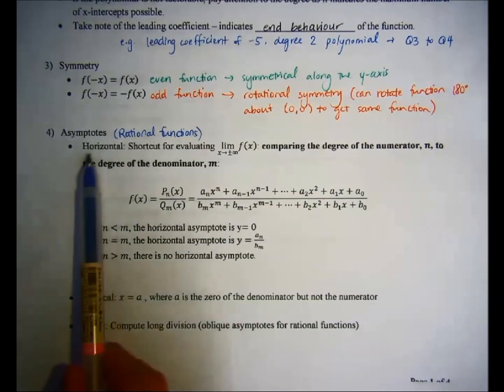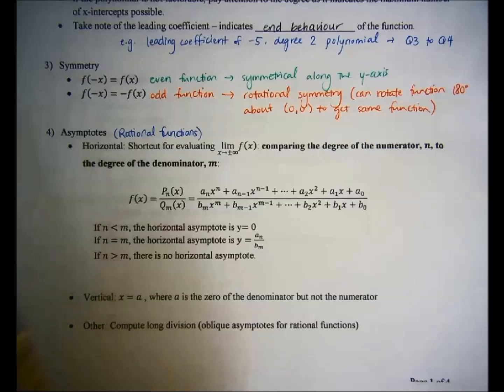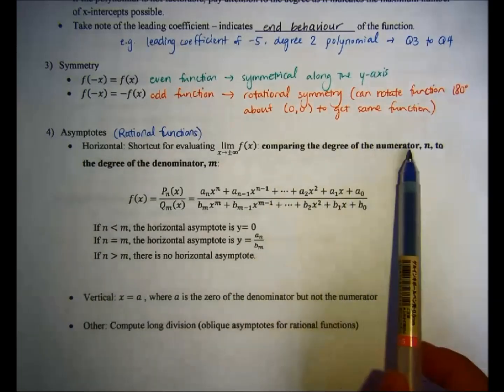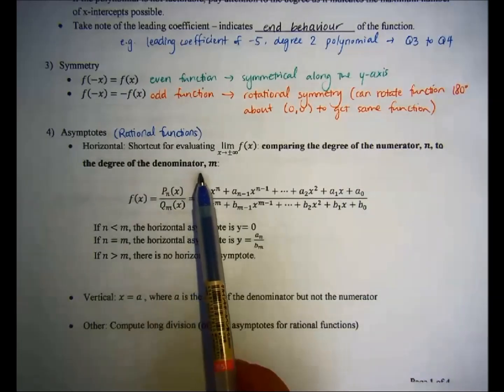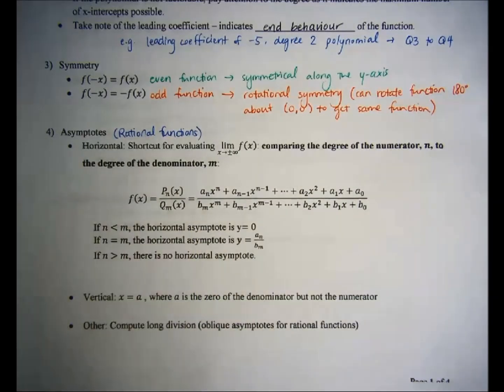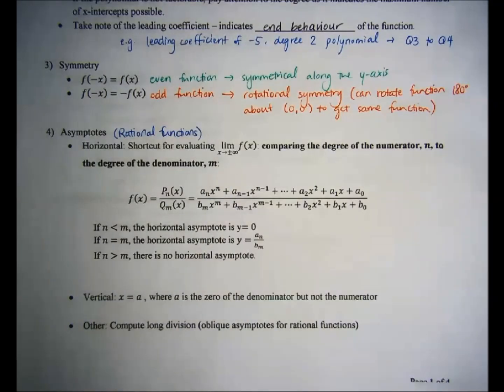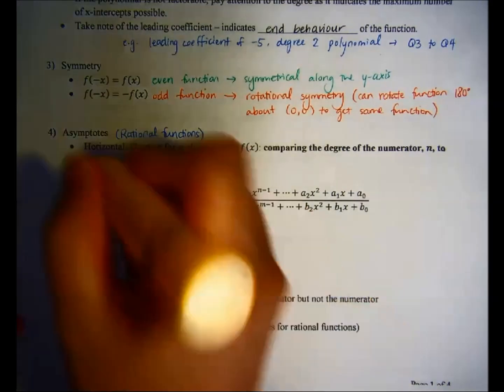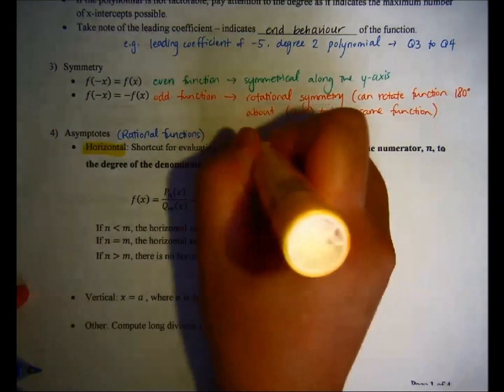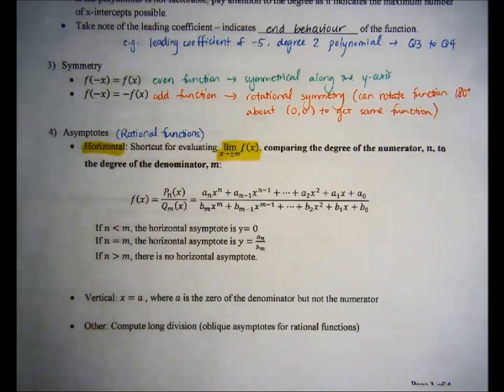To get your horizontal asymptotes, the shortcut that we learned in advanced functions was we compared the degree of the numerator to the degree of the denominator. And really, to figure out the horizontal asymptote means that we want to determine the limit as x approaches positive or negative infinity. That's the limit that we're evaluating, but it's obviously faster to take the shortcut.